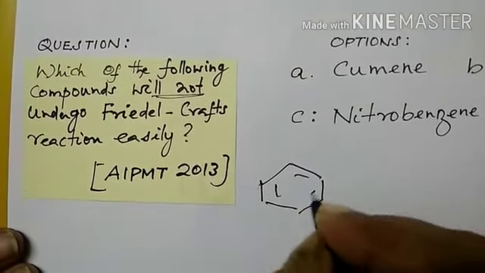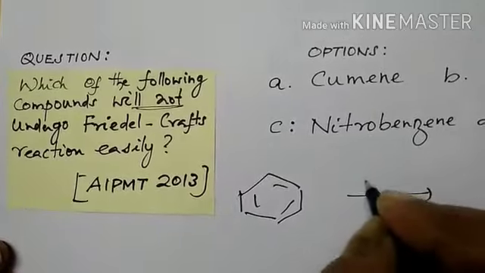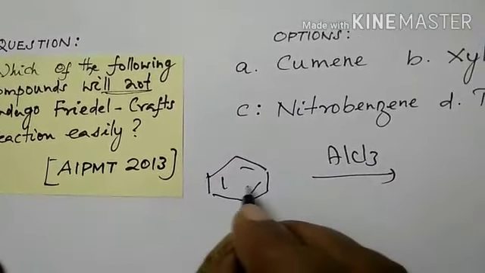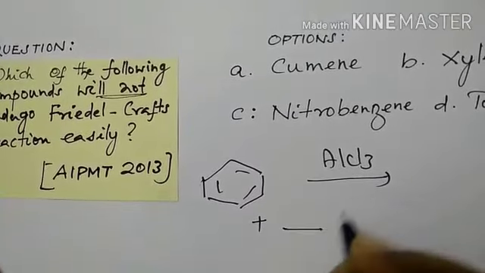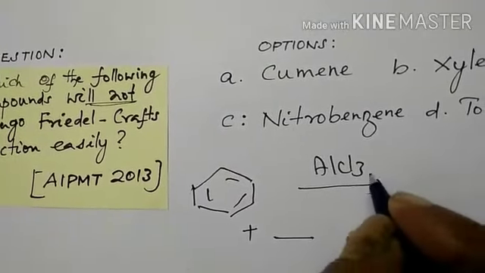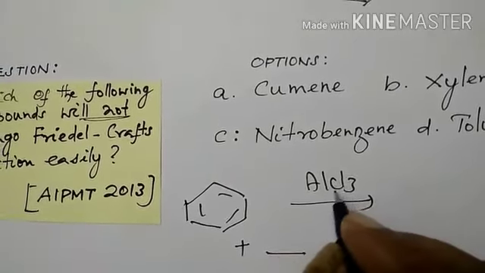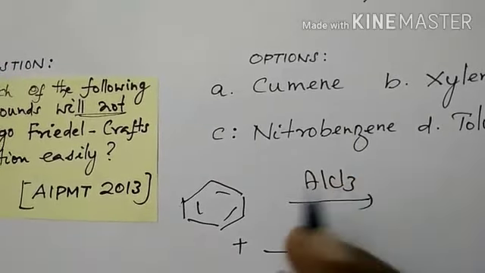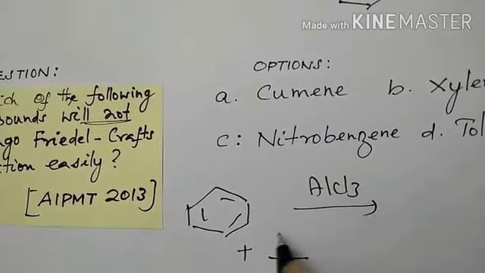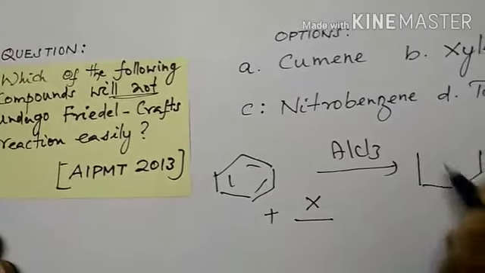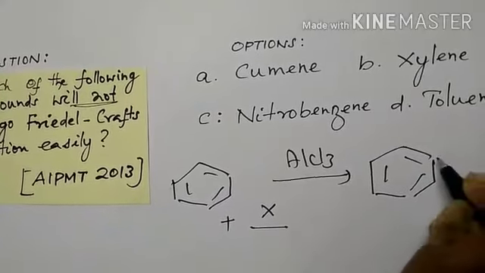Point number 1. Whenever Friedel-Crafts is there, the compulsory reactants are benzene with any other reactant in presence of anhydrous aluminum chloride with halogen carrier. So any X or Y is going to attack and you are going to get the product like this.